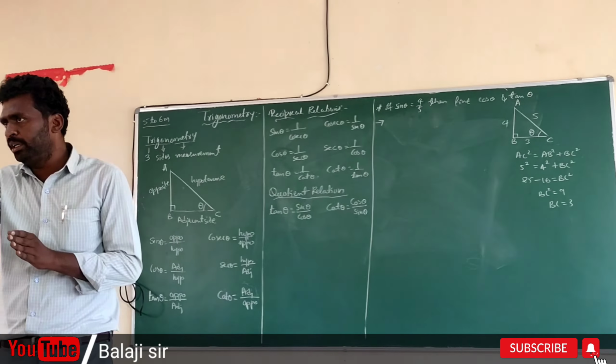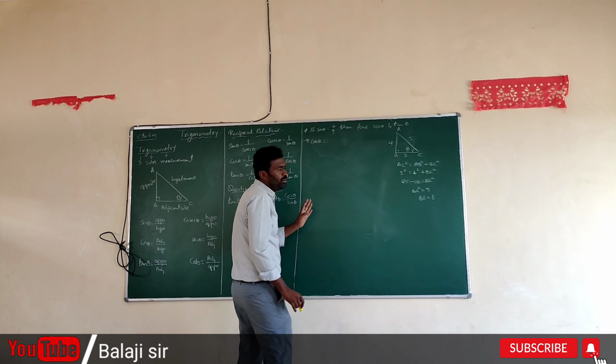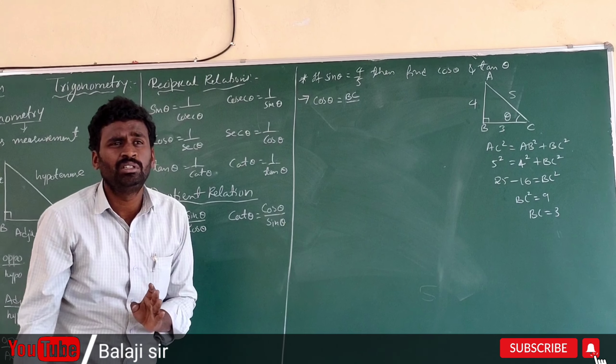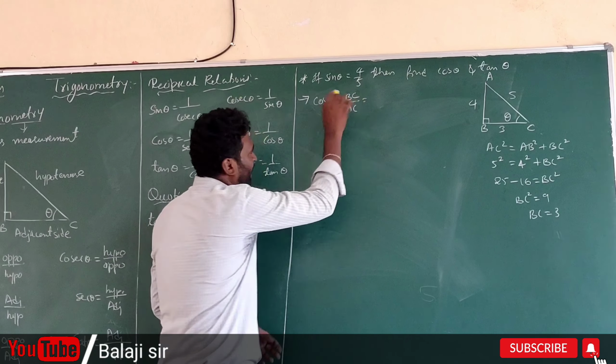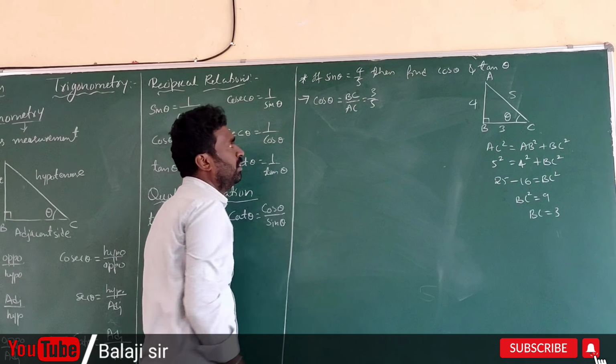So, we need to find cos theta. What is cos theta? Adjacent by hypotenuse. Who is adjacent? BC, or else you can say 3. Who is the hypotenuse? AC. So cos theta is 3 by 5.